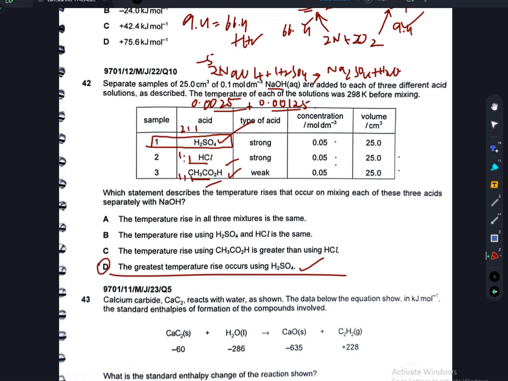The greatest temperature rise must be occurring using H2SO4 because it is present in the required amount, and this would immediately react with NaOH, producing the greatest temperature rise.